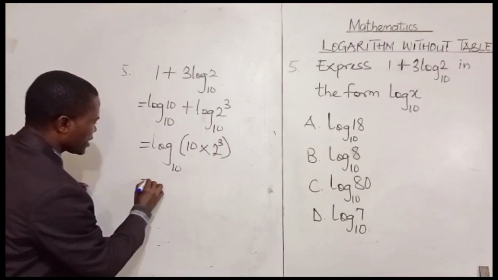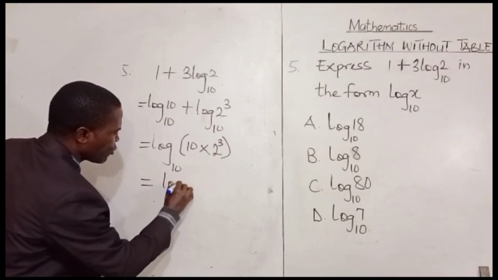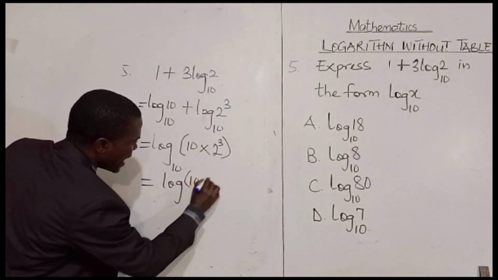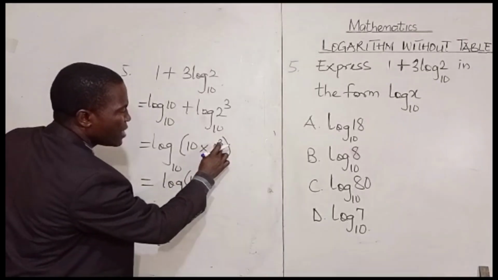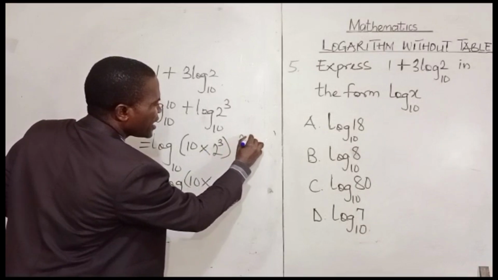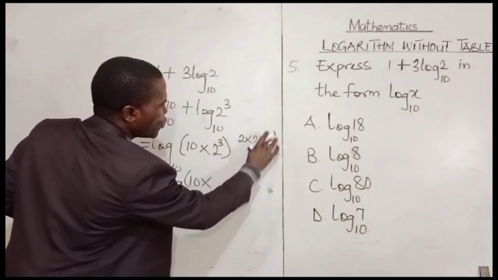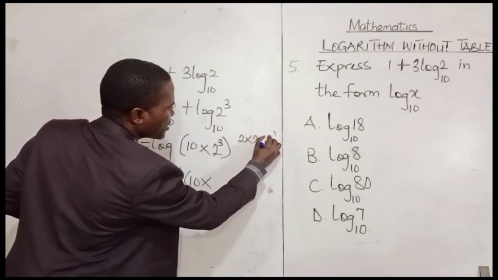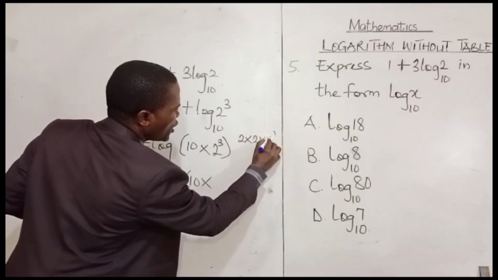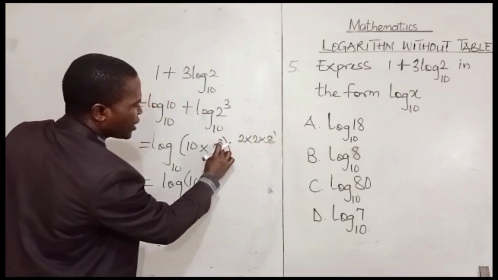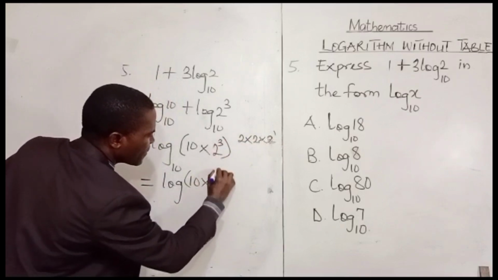I can now proceed and say this will be equal to log of 10 times 2 raised to power 3. 2 raised to power 3 means 2 in 3 places: 2 times 2 times 2, and that gives us 8.